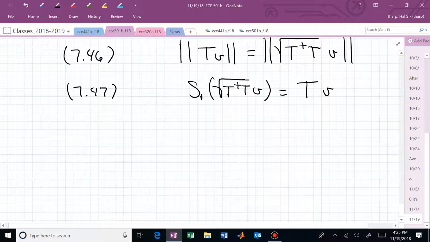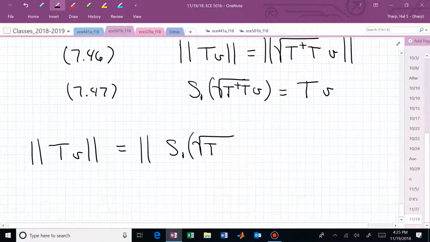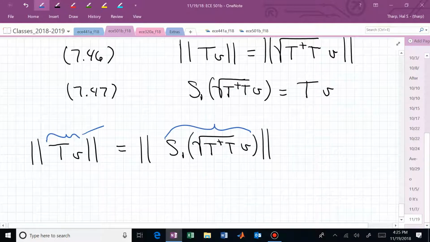So let's start with the norm of Tv. Well, we know by equation 47 what Tv equals. That now equals the norm of S1 square root of T dagger T v. This is simply using equation 47.